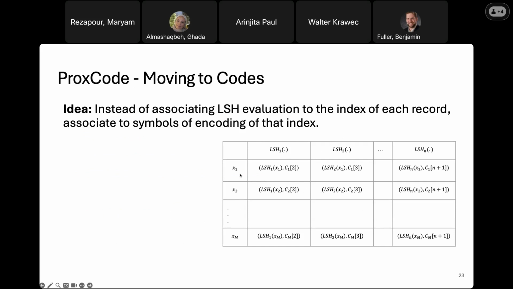So here for record Xi, we have LSH1 evaluation through LSHn evaluation of the code word Ci. And for the first LSH, we are going to use the second symbol of the code word. For LSH2, we are going to use the third, and so on. And I'm going to say why we are starting from 2 in a short time.